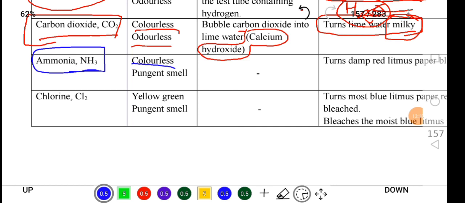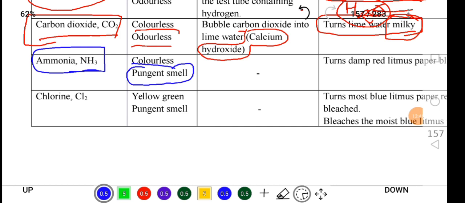The taste method is not there, but immediately we have this ammonia being produced, of course we will be able to smell this pungent smell, but this is not a good smell. Therefore, it is not advisable for a student to smell this gas as it is toxic.